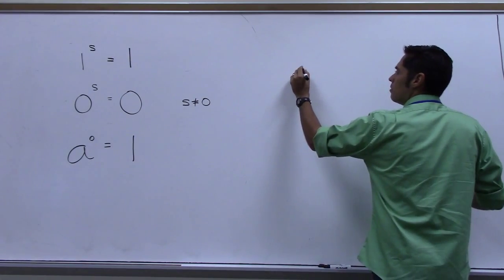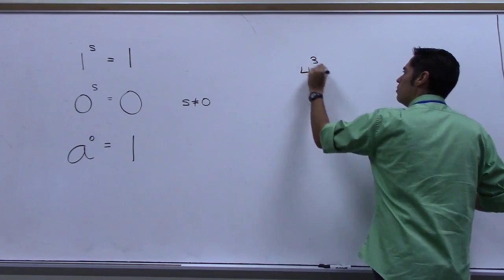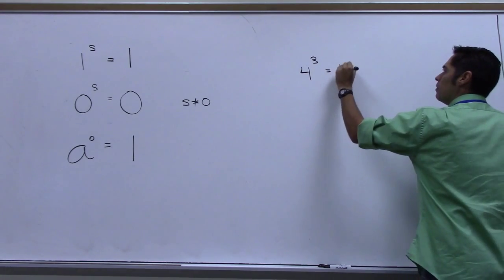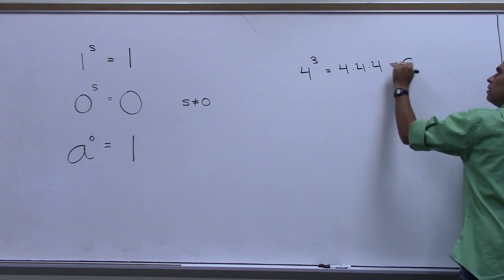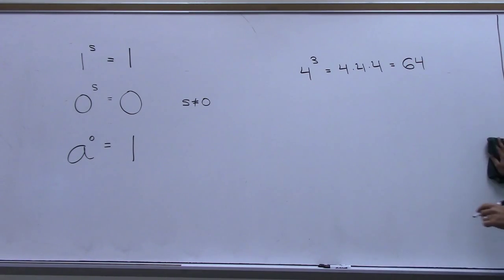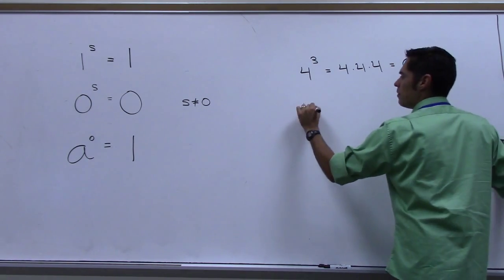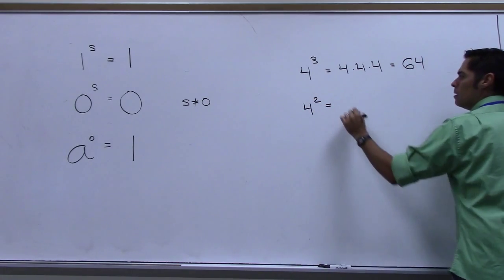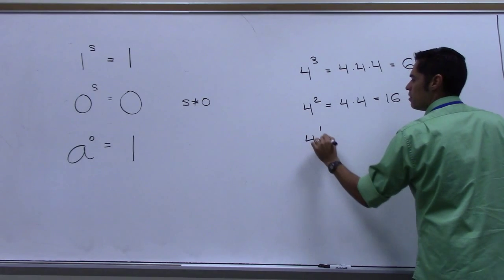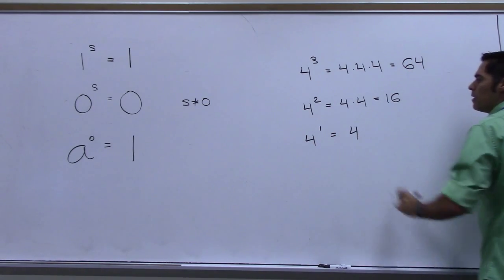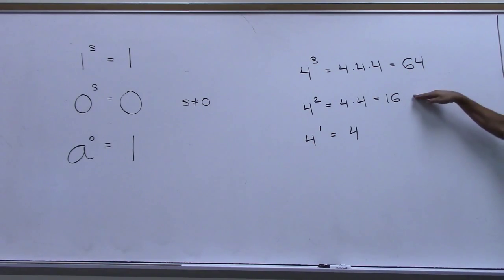I'm going to make a little table here. What's 4 cubed? It's 4 times 4 times 4. That's 16 times 4. 64? Okay. What's 4 squared? 4 times 4, that's 16. What's 4 to the first power? Just 4. Okay, so what's happening each time?